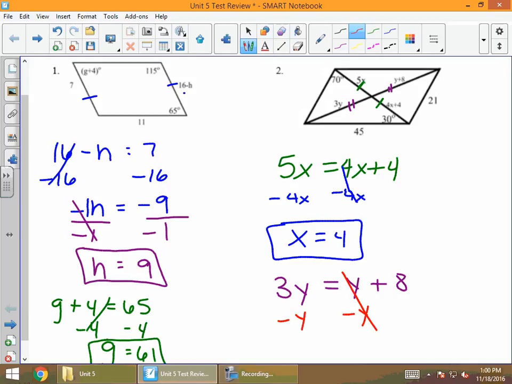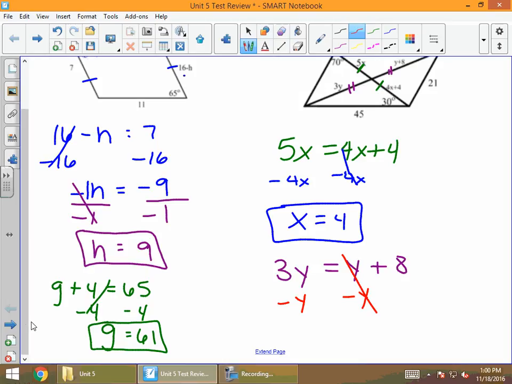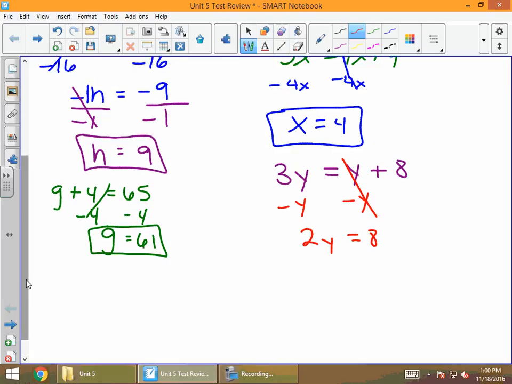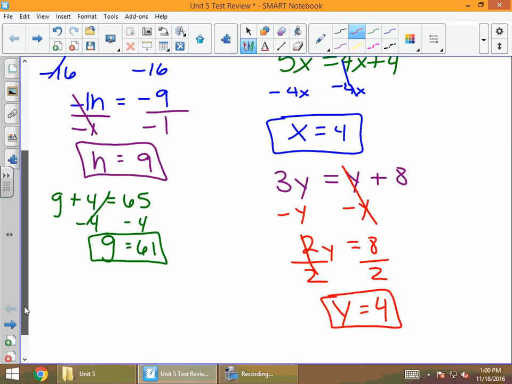Move the little y over. 3y minus y is 2y. How are we going to get y by itself? Divide both sides by 2. Y is equal to what? 4. And now we're done.